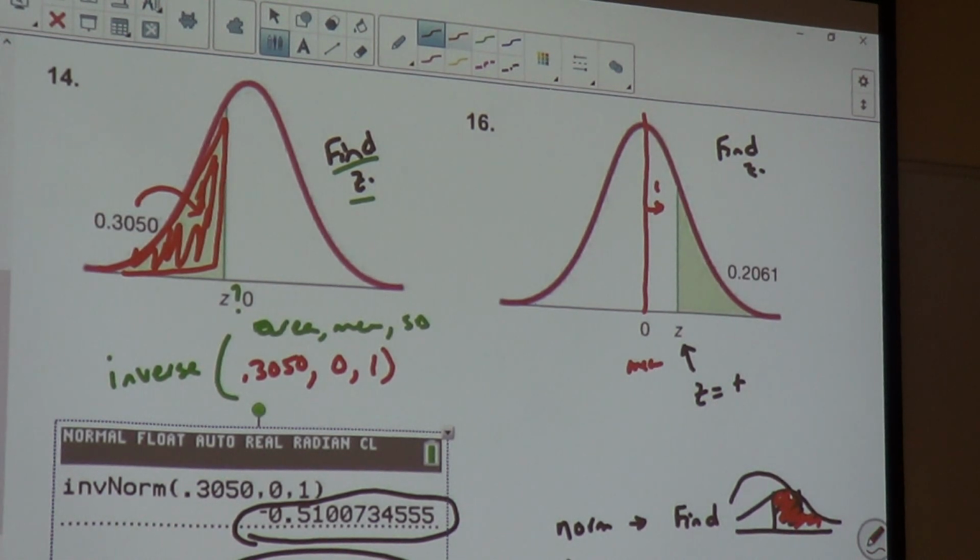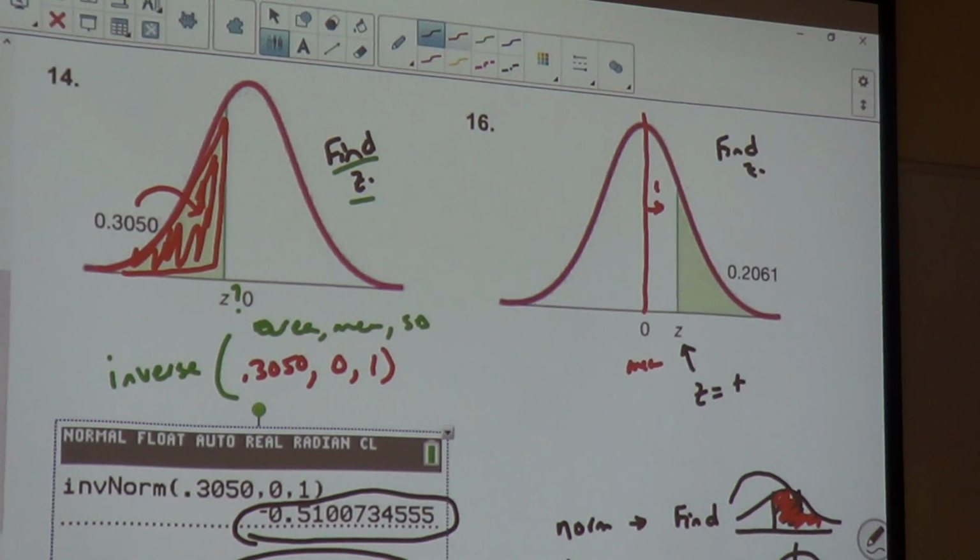If you're doing an inverse, you're finding the point. So what are we finding? We're doing the inverse because we're finding the little dot at the bottom.